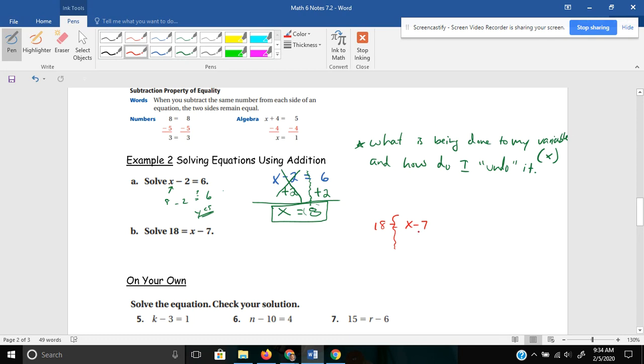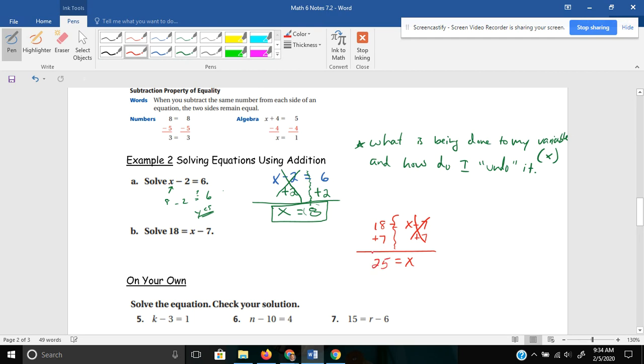How do I undo subtracting 7? Well, the opposite of that would be to add 7. And if I do it to the right-hand side of my scale, I need to do it to the left. Negative 7 plus 7 cancels out. Those are opposites, subtracting 7 and adding 7. And I'm left with x on the right-hand side, and 18 plus 7 gives me 25.